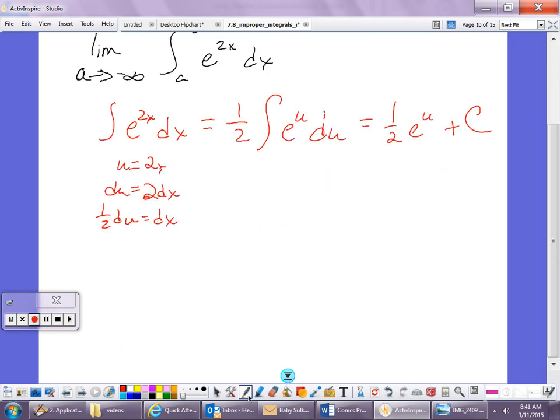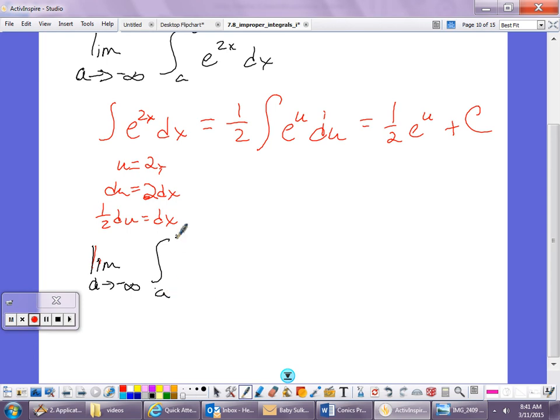So what we get is, we're interested in, go back to black here, limit as a goes to negative infinity of negative integral from negative infinity to, sorry, no. That's why I did that, right?